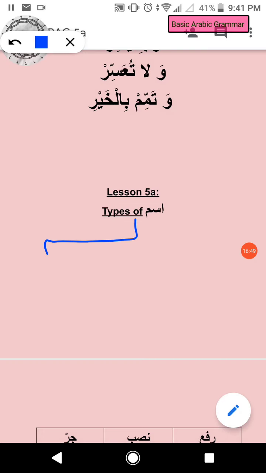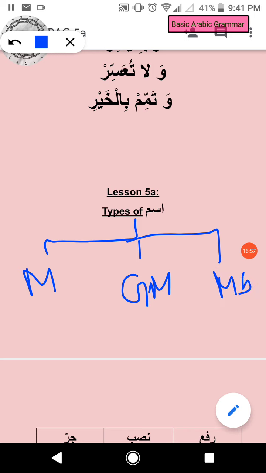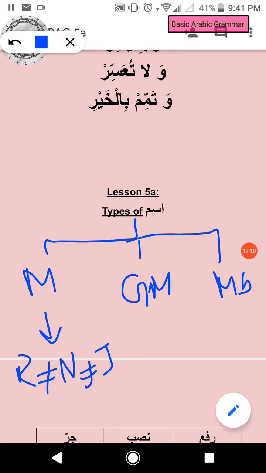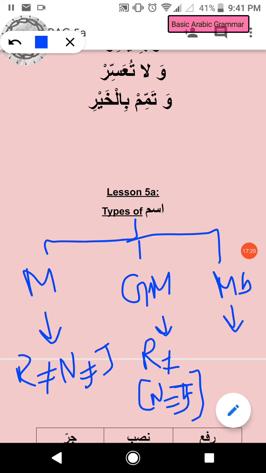So in munsarif, we have rafa not equal to nasab and not equal to jar. In ghair munsarif we have rafa not equal to nasab, which is equal to jar, and in mabni all of them are identical. And of course no tanween.